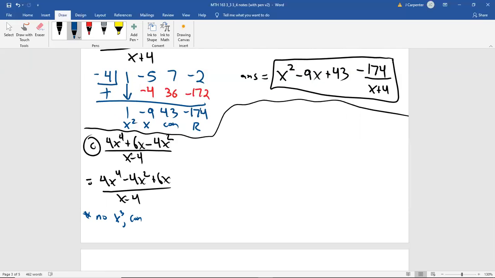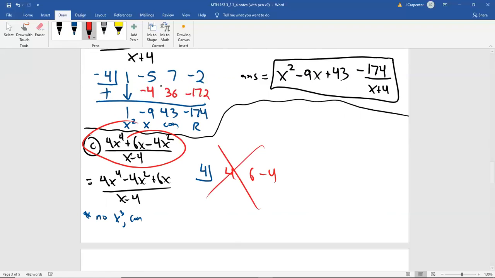So when you go to do the synthetic division for this one, because it says x minus 4 in the bottom, that means a positive 4 goes in that little half box. To the right of that go the coefficients, and I'm going to do this in red. Red is wrong. First of all, if you go with the original top, if you go 4, 6, negative 4, this is not in the correct order. This is like putting your tens before your hundreds. This is awful.